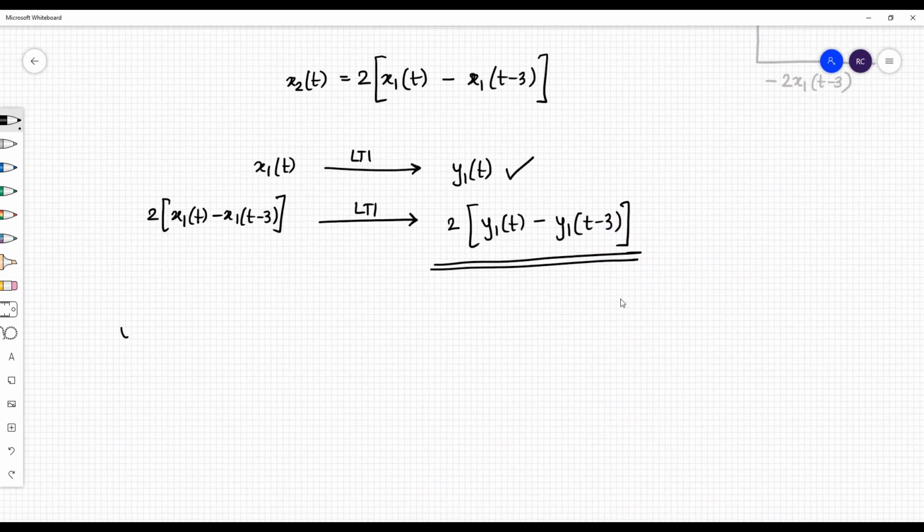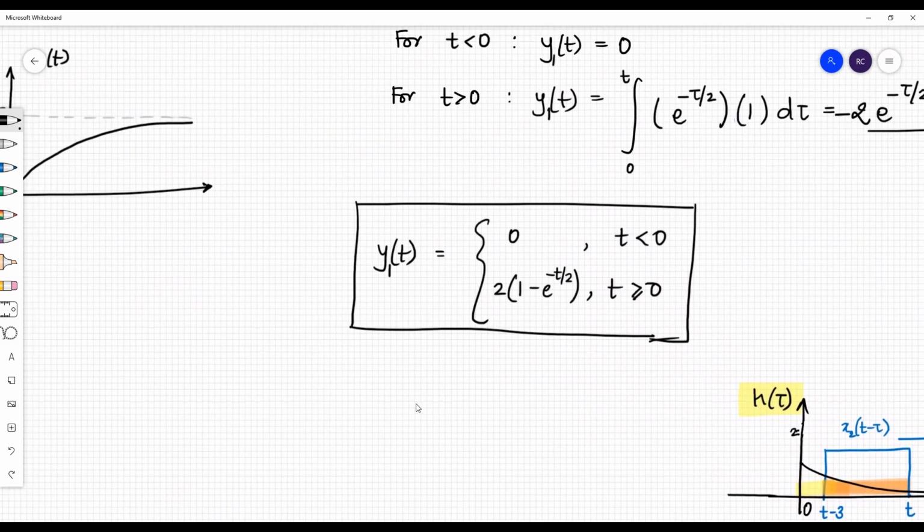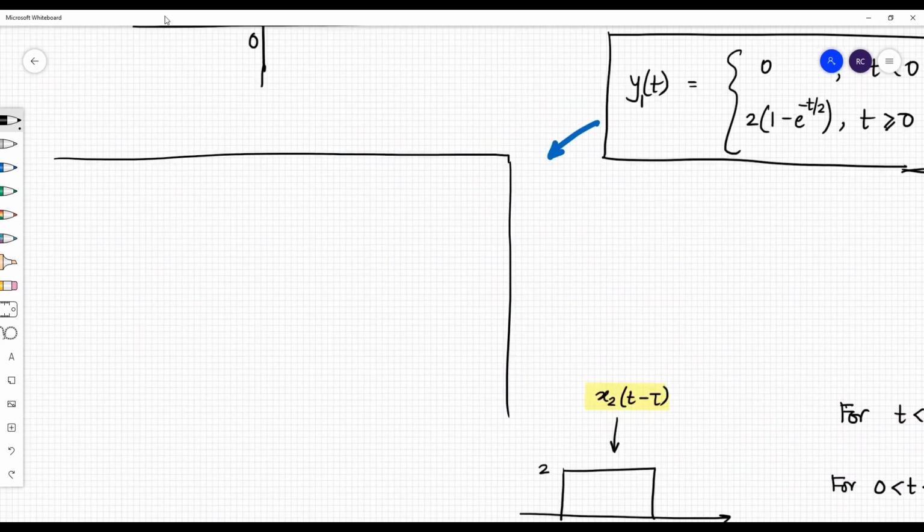So we already know what is y1(t). Let's check it. This is y1(t), right? Okay, so we are trying to find out the value of 2y1(t) minus y1(t-3), right? So it's obvious that y1(t-3) has no effect when t is less than 3, right?